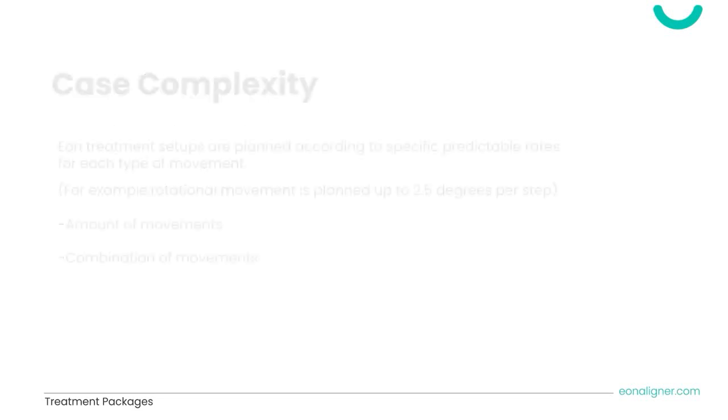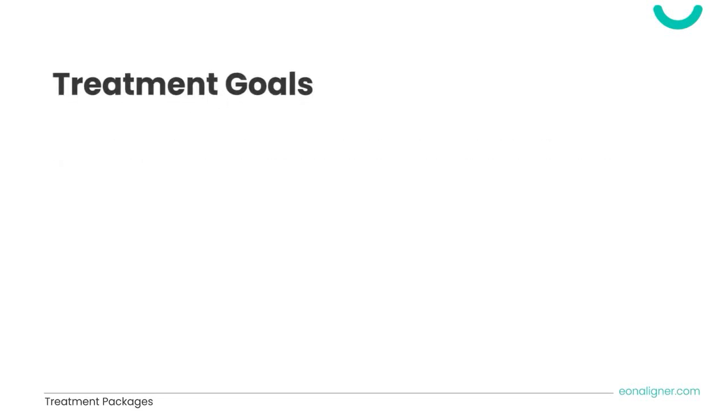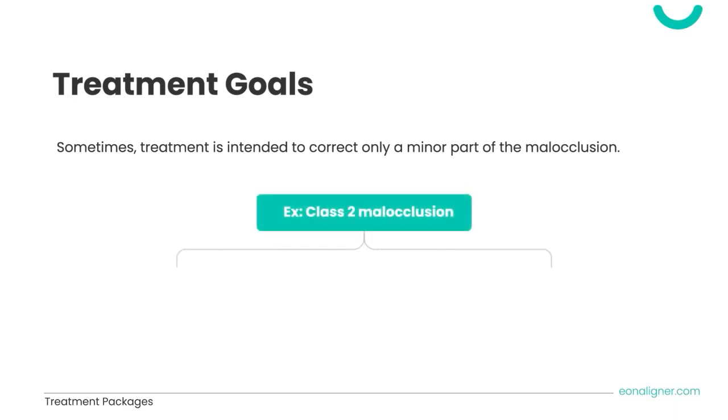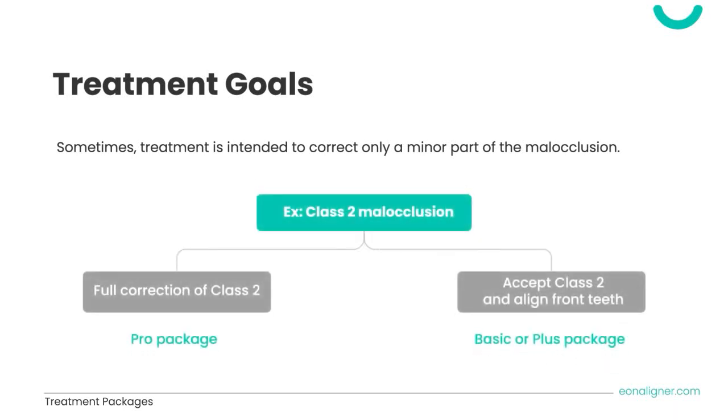The second variable is treatment goals. Sometimes, even in advanced cases, the treatment is intended to correct some minor malalignment or crowding in the front segment, for example. Let's think of a patient with a class 2 relationship and increased overjet. To fully correct a class 2 with distalization and retraction will require a Pro package to accommodate the higher number of aligners needed for those movements.